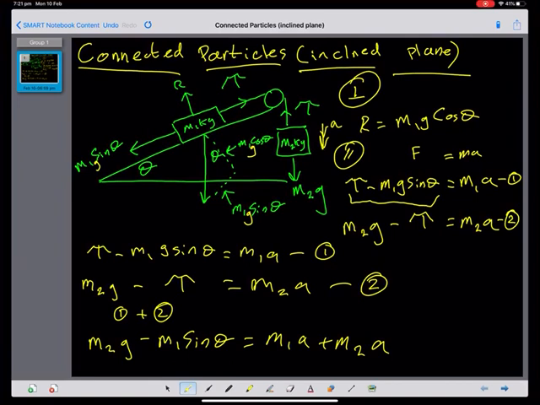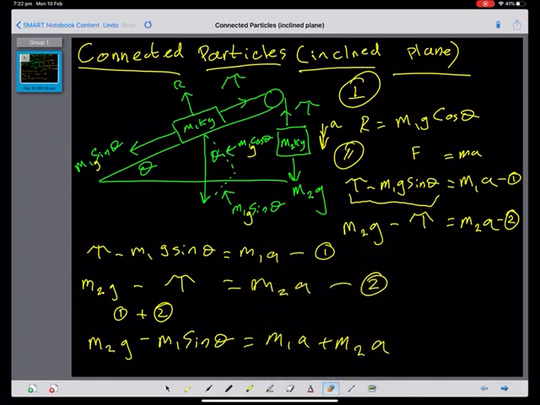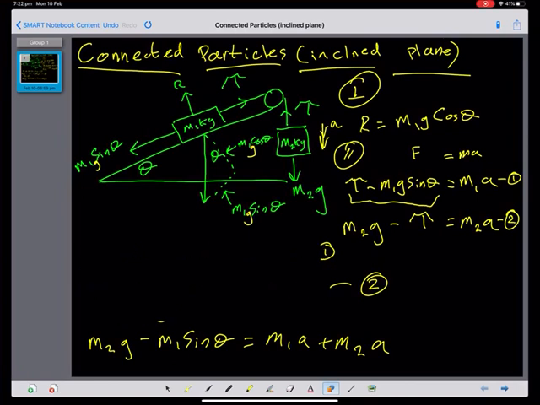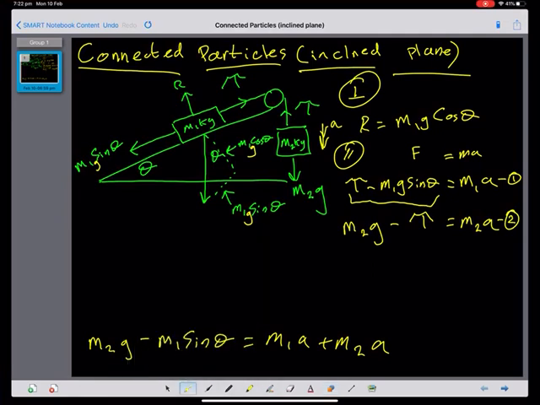You should be able to factorize this now and rearrange to get part of what you're asked to find. Let's do this up here. There's a g missing there.